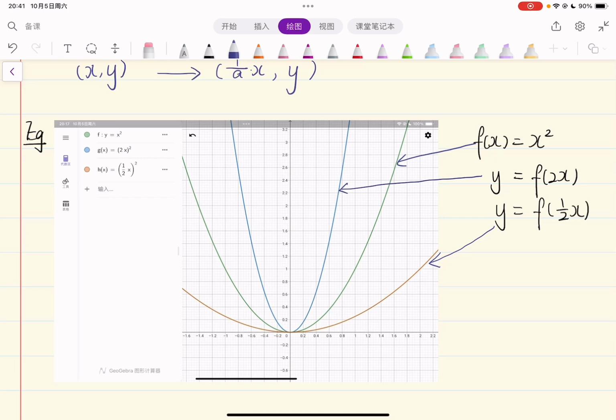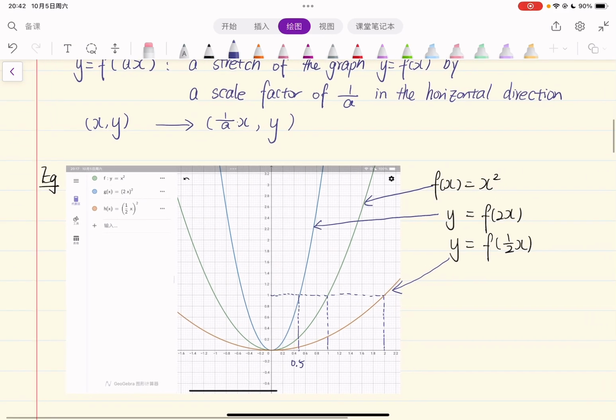We can see if y equals 1, for the green one, the original f(x), the x coordinate is 1. For the blue one, the x coordinate is half, 0.5. And for the orange one, the x coordinate is 2. So we can see the differences between them.